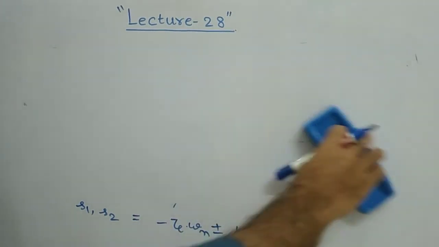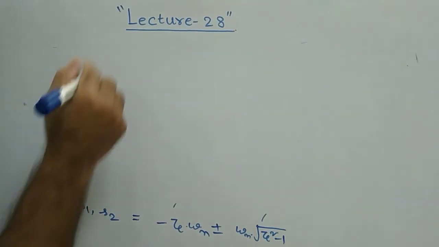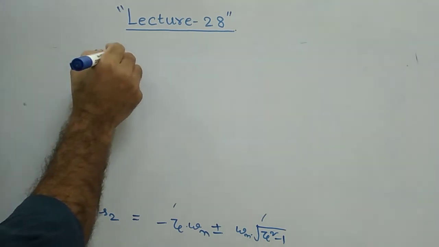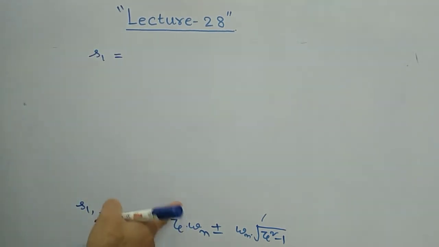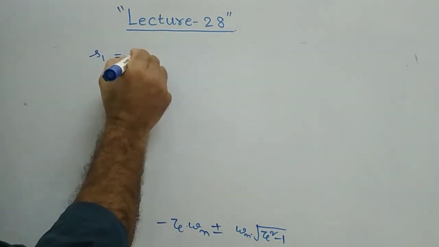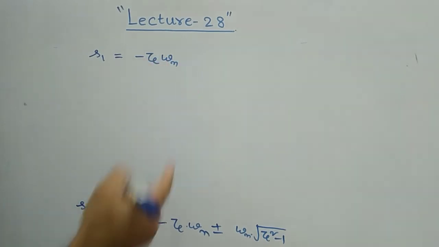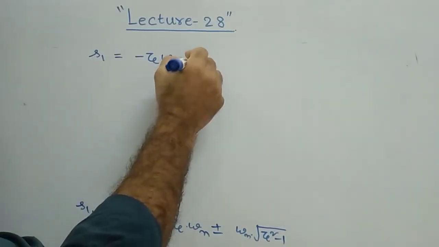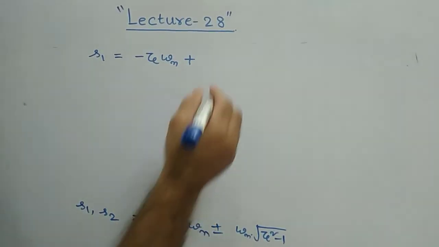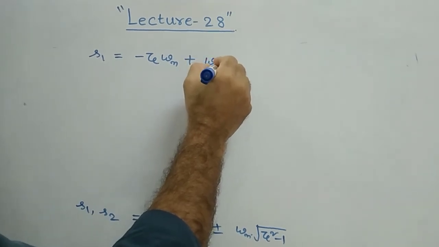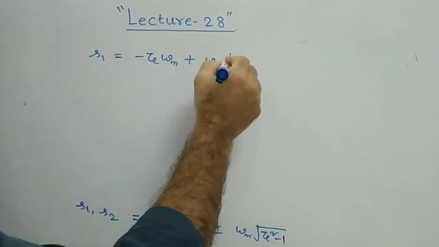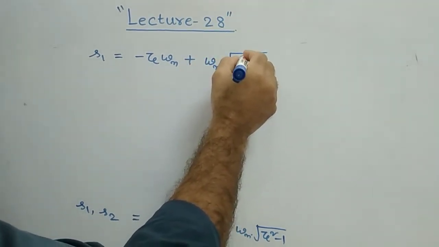So from this expression, you can consider S1 is equal to, from this, the next step. S1 is nothing but minus zeta times omega n. Consider plus here, because plus or minus, consider plus first. Omega n into square root of zeta square minus 1.